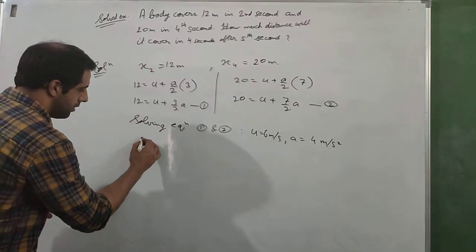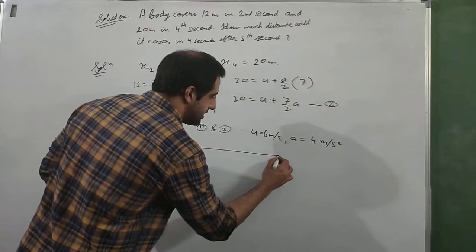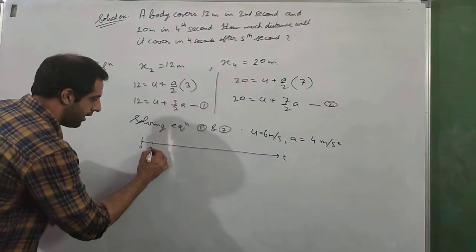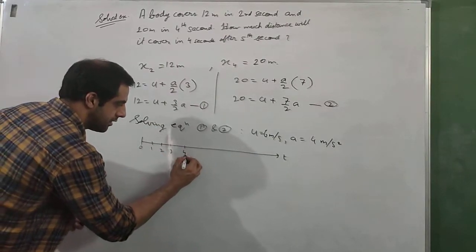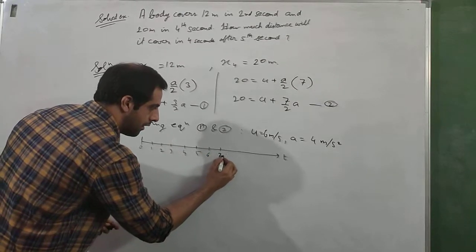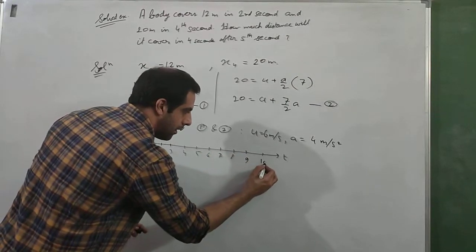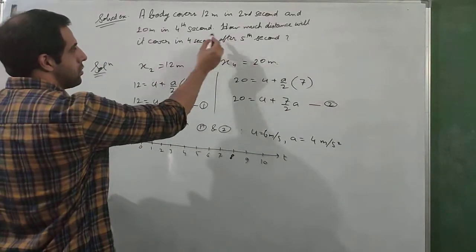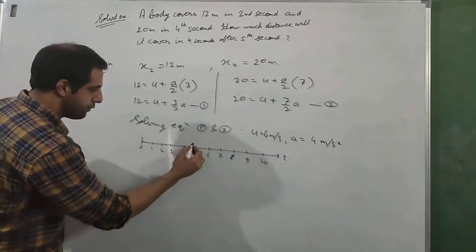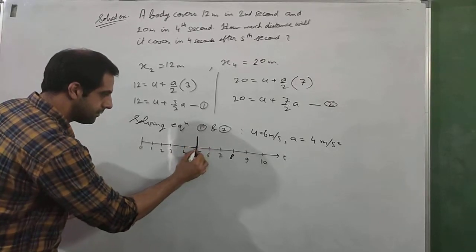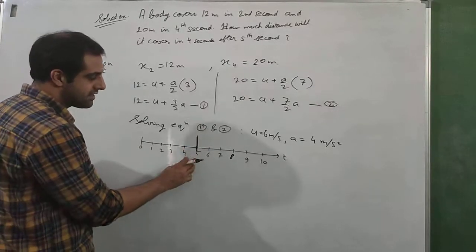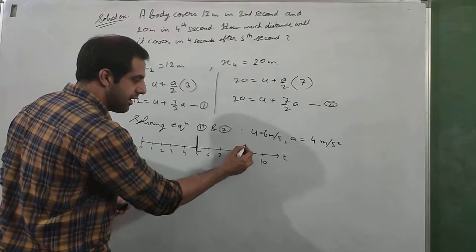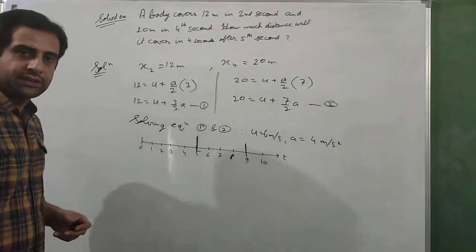What does it mean? Let us say that this is the timeline of this journey, starting from 0, and we have these divisions till 10 seconds. So 4 seconds after the 5th second. The 5th second is still here, and 4 seconds after this 5th second: 1, 2, 3, 4. So that means the journey will end at the starting of the 9th second.